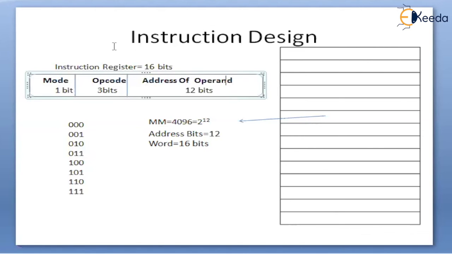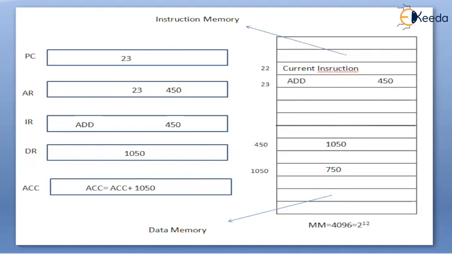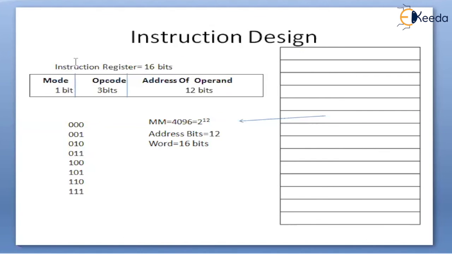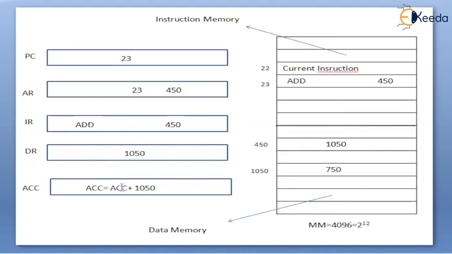In the single accumulator organization, within the instruction we can have one operand. What is the second operand? The second operand is the implicit operand, that is the accumulator. In the single accumulator organization, one operand is available within the instruction, and the second operand is always the accumulator.